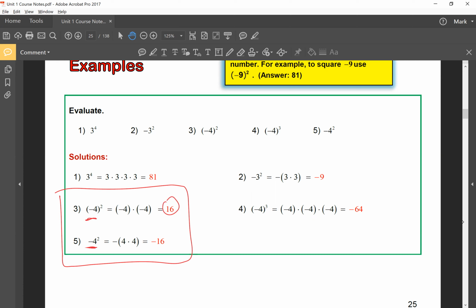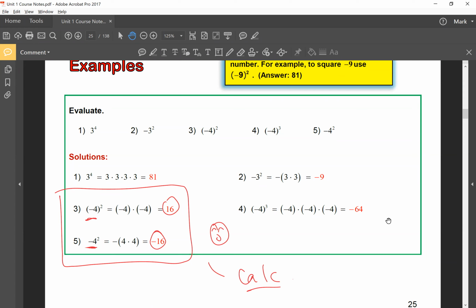In number 5, there are no brackets, so this becomes negative. Pretty crazy stuff. Math is so many little rules and things to know, but luckily, like I said, use a calculator.